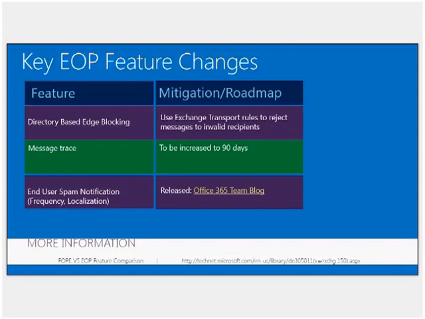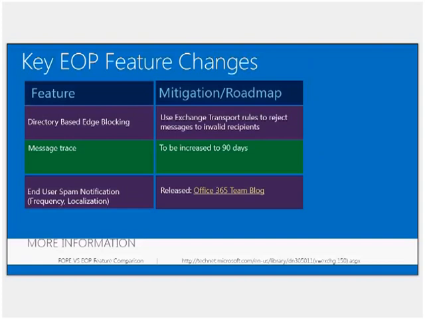The end user spam notification has been released. We spoke about that. It was released on September 19th on the Office 365 team blog. We also provide you the ability to customize the frequency of the spam notification between 1 and 15 days. End users will get notified depending on the interval you set, and they will receive an email informing them of what messages are present in their quarantine.